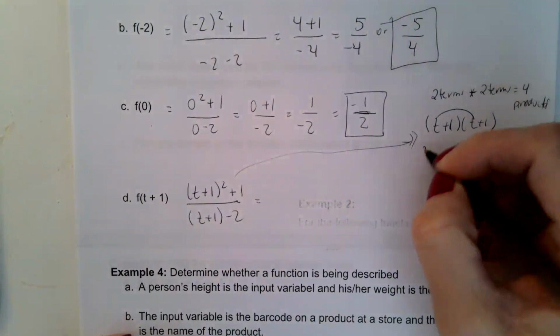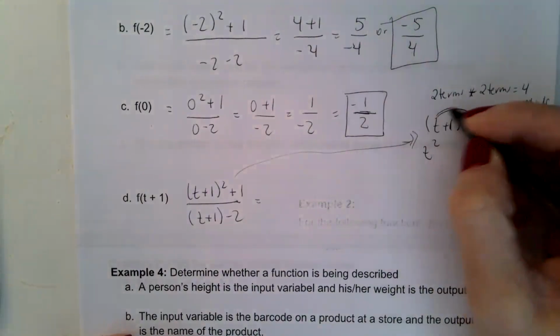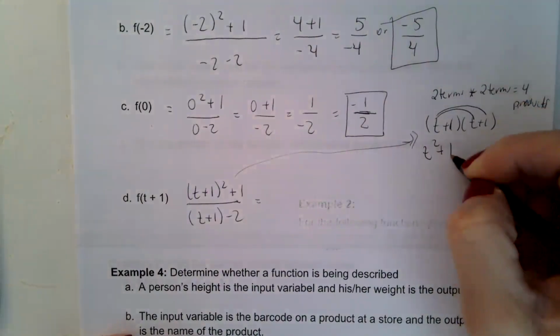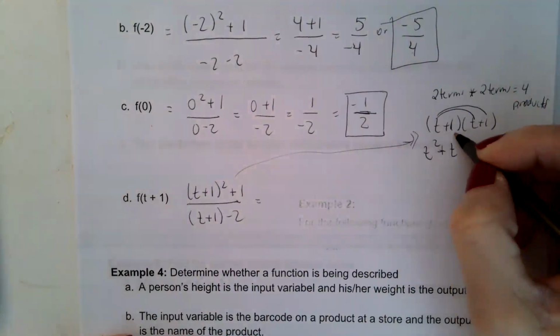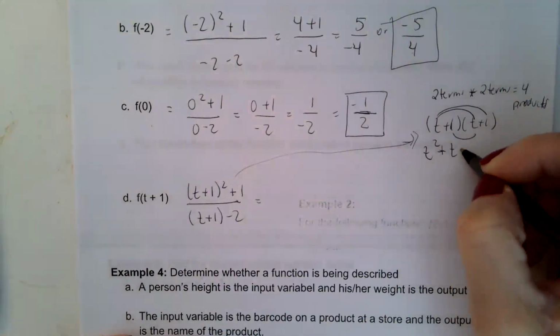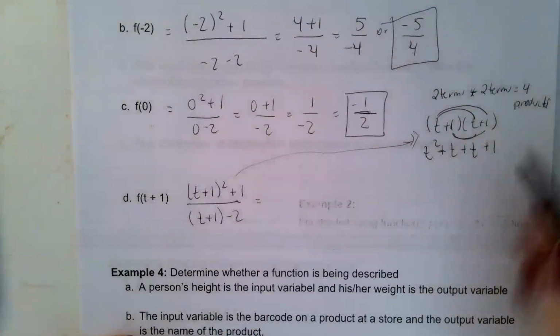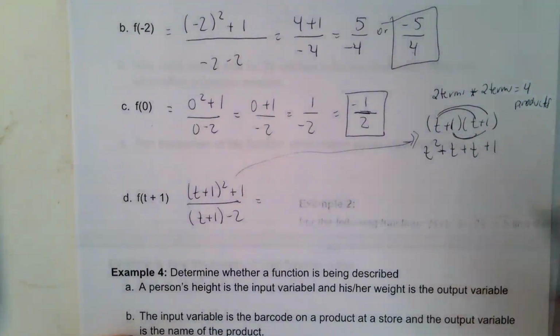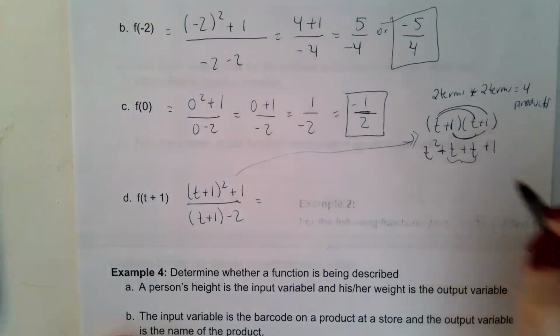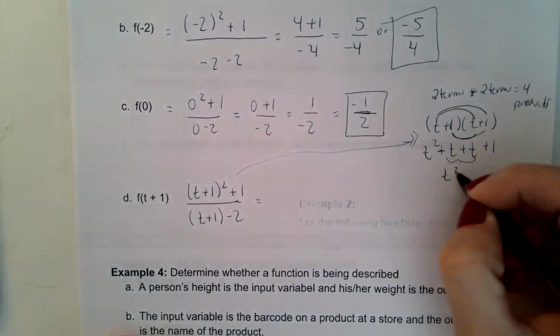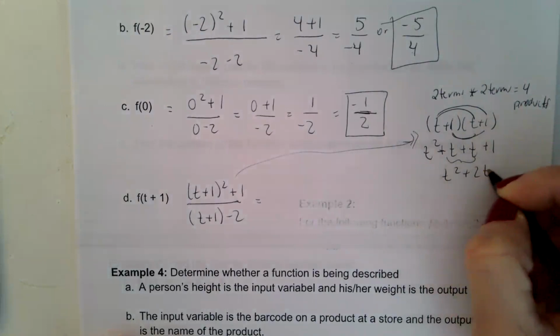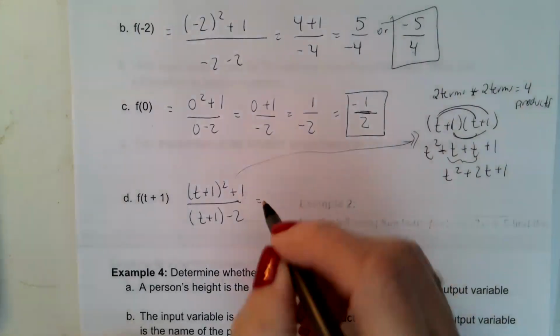So t times t is t squared. t times 1 is t. And then I also have this 1 times t, so that's a t. And then this 1 times 1 is a 1. So those are my 4 products, but these 2 in the middle are like terms. So it simplifies to t squared plus 2t plus 1.